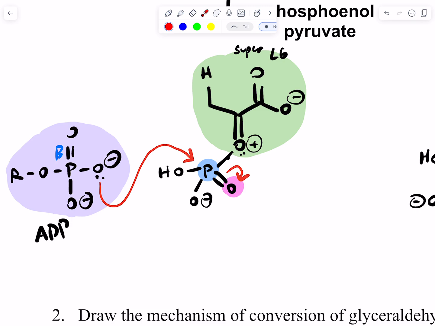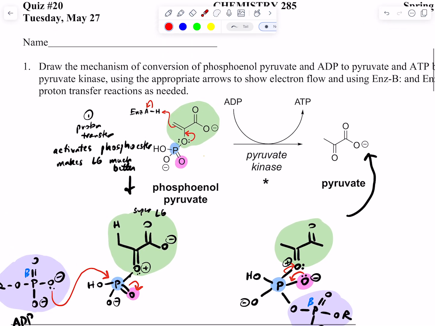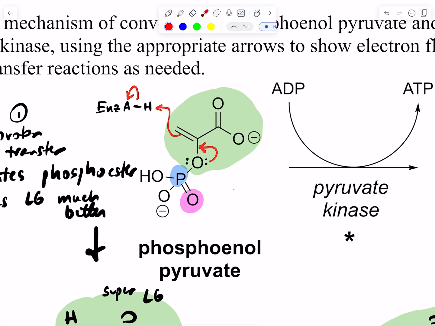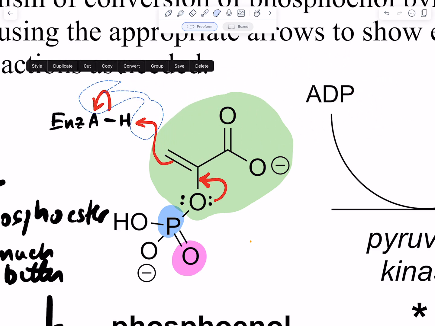The other tool for recognizing incorrect arrows: remember that arrows have to start with electrons and end either with nuclei or the space between two nuclei to make a bond. So one classic way to do a wrong arrow for a proton transfer, I'm just going to briefly move these.